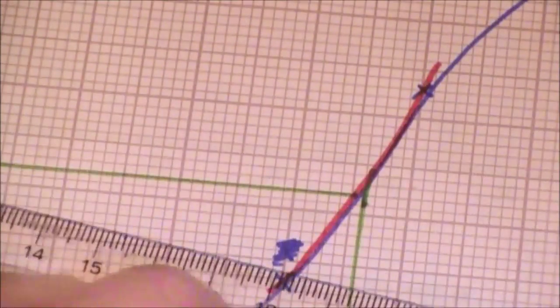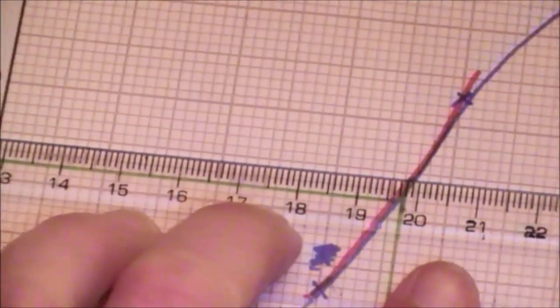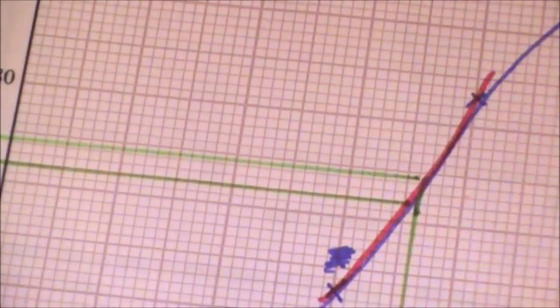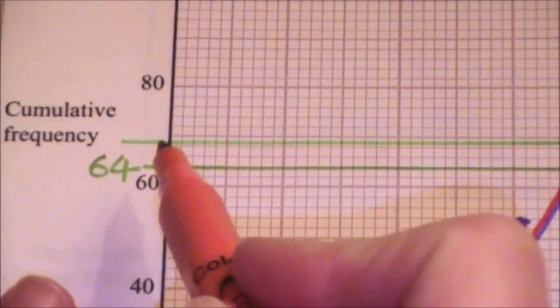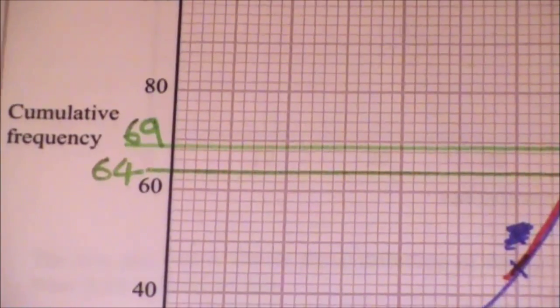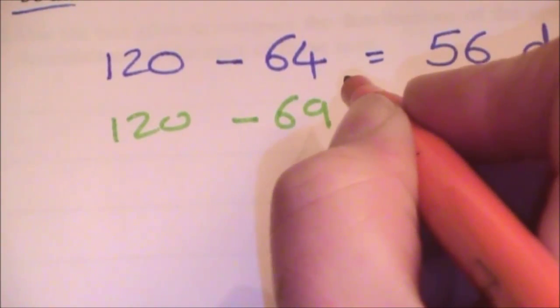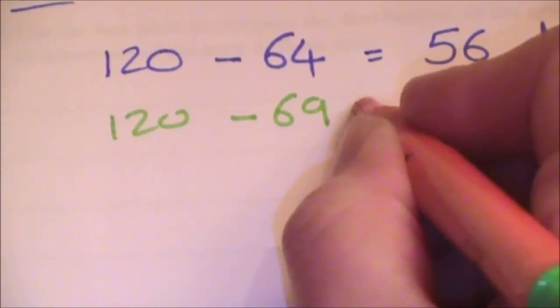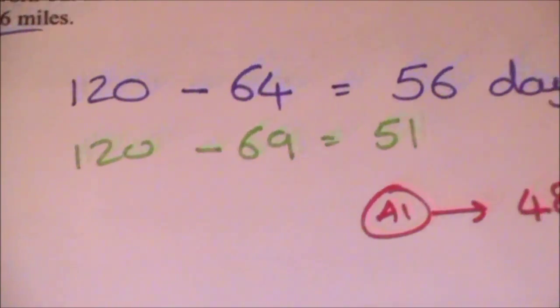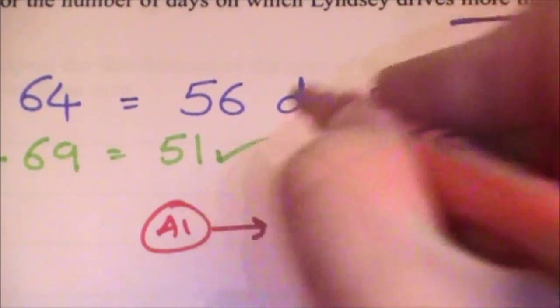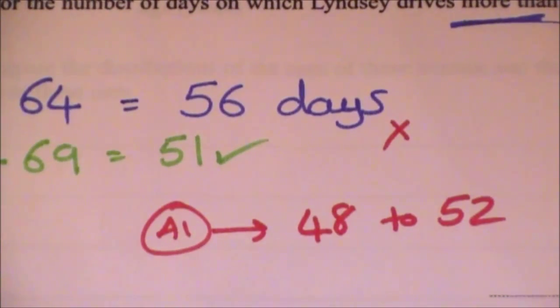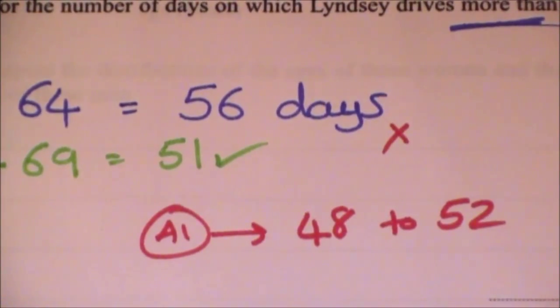And if I could have read that off where it was, that would take me out to what is probably about 69, in which case my answer would have been 120 take away 69. And if I do 120 take away 69, that would bring me to the answer of 51, which would have fallen within my answer range. So please be careful with the accuracy of your graphs.